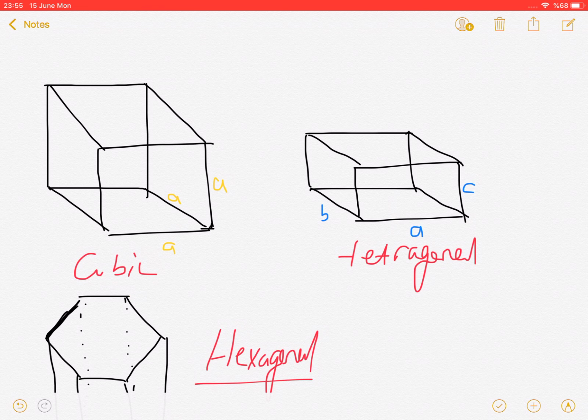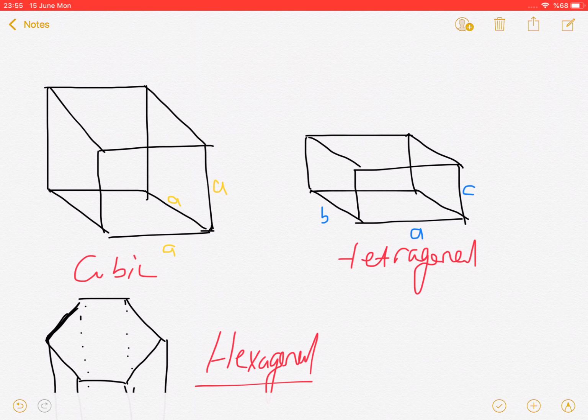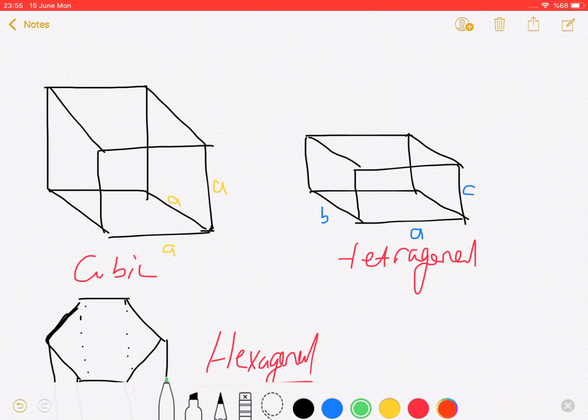We can see other geometric interpretations of the unit cell structure. Initially we talked about the cube, the cubic unit cell. We also have the tetragonal unit cell and the hexagonal unit cell. For all of them you can see the lattice parameters. For cubic it is a.